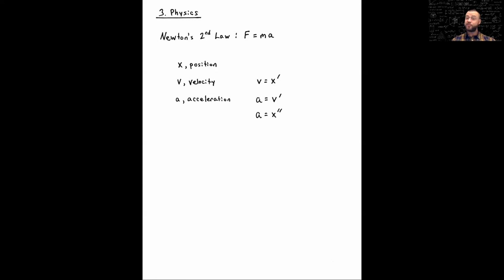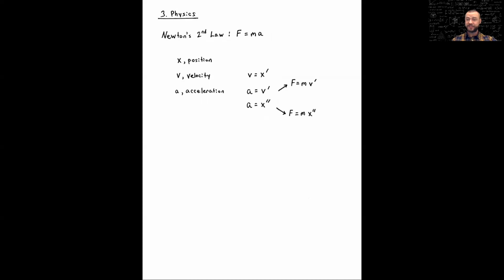All right, what I want to try to convince you is that, despite what you might have learned in your physics course, Newton's second law can be thought of as a differential equation. Let's take a look at those two versions for the acceleration: a equals v prime and a equals x double prime.